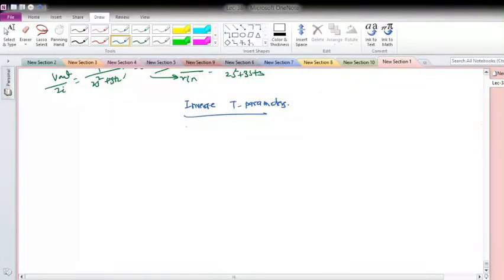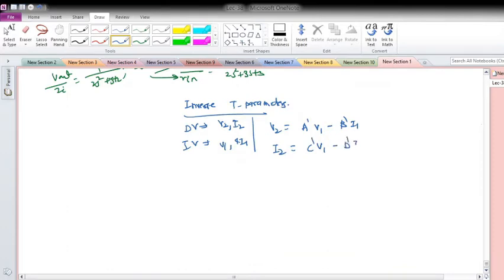Here the dependent variables will be now V2 and I2, and independent variables will be V1 and I1. So I can write V2 is equal to, suppose, A prime V1 minus B dash I1, and I2 will be C dash V1 minus D dash I1.